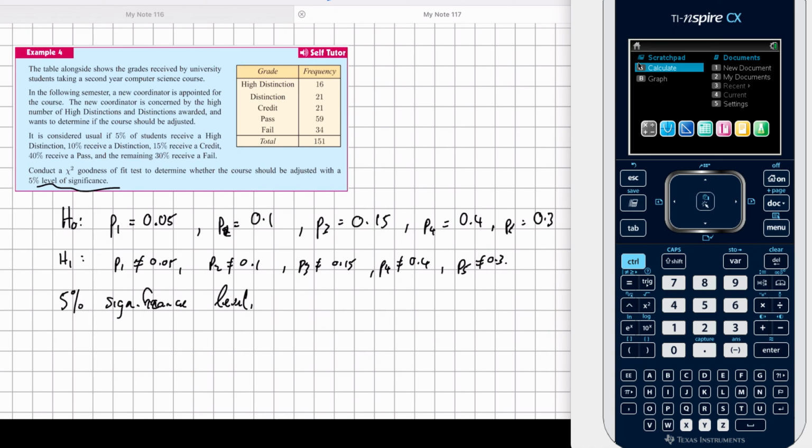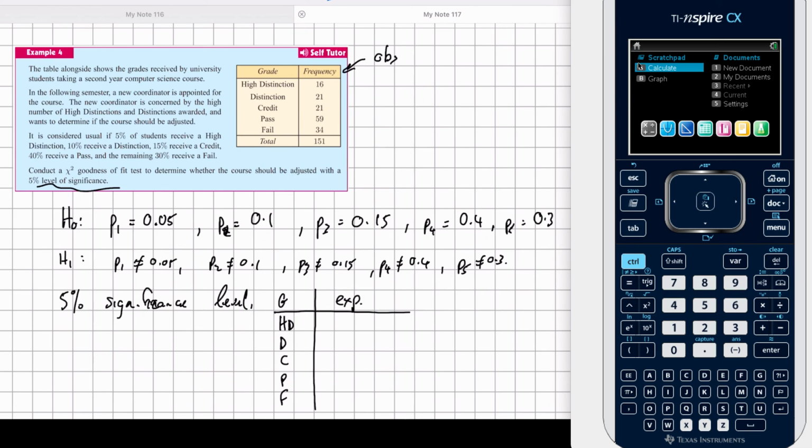So the first thing we need to do is create an expected frequency table. I'm not going to do all of it on here because most of this is calculator work, but what I do need, let's go for grade: high distinction, distinction, credit, pass, fail. We've got the observed frequency here, remember this is observed, and here we're going to calculate the expected frequency.